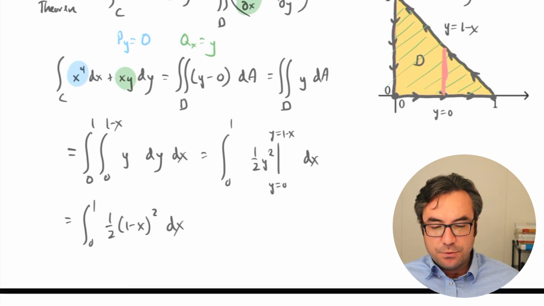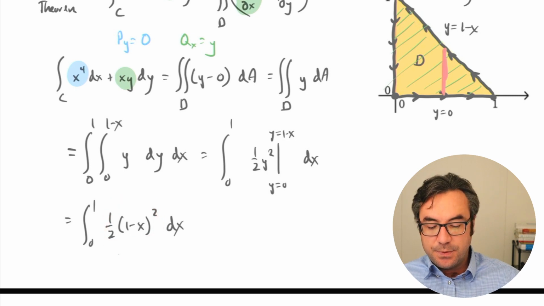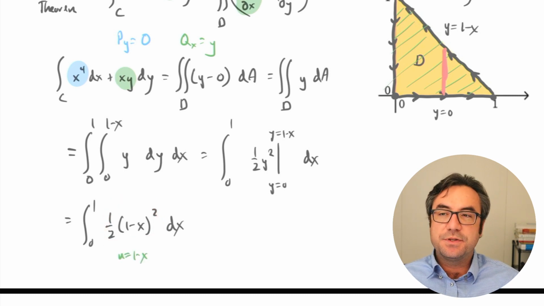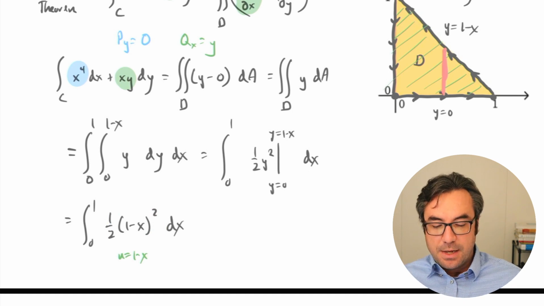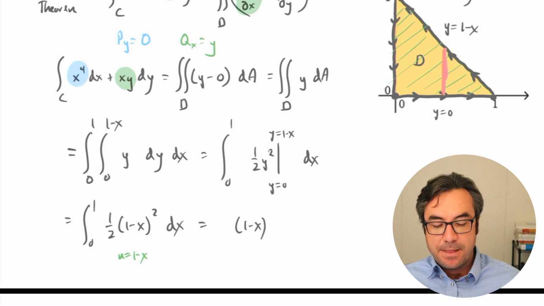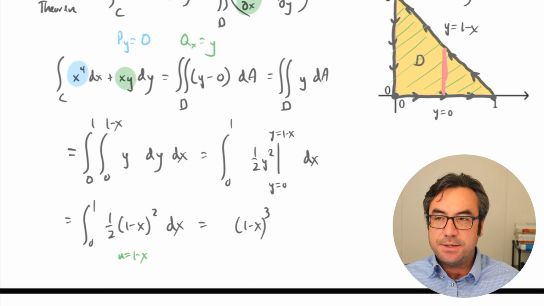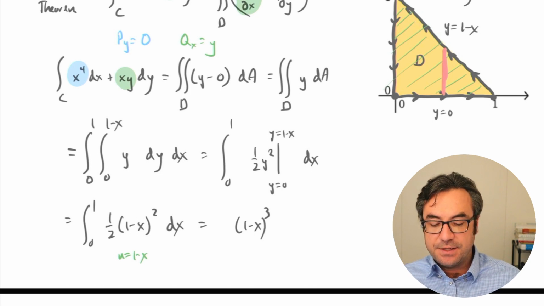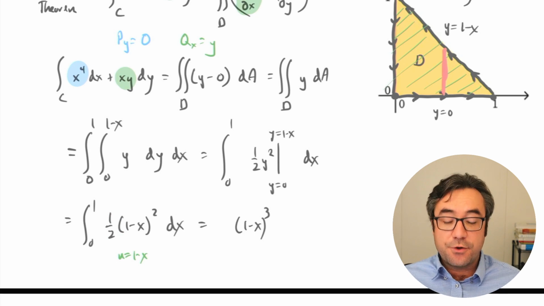And then we can do a u sub to actually calculate this integral. So we can let u equal what's inside the parentheses, u equal to 1 minus x. And when we do the integration here, we keep what's inside the parentheses the same, add 1 to the exponent. We have a 1/2 that's already in front. And then we're going to have another 1/3 in front, so it's going to be a 1/6.